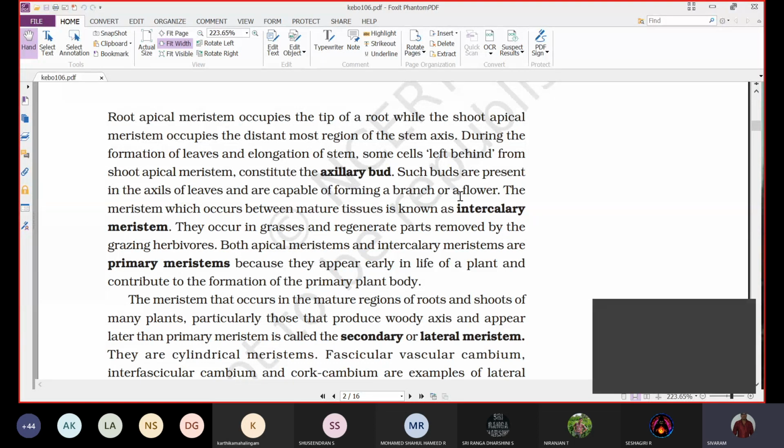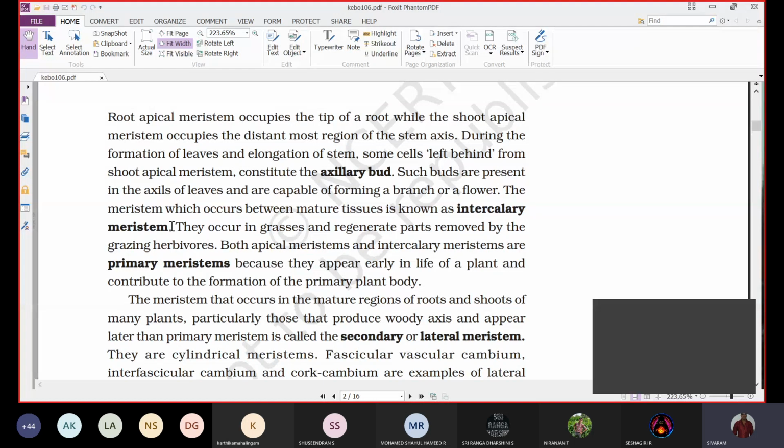The meristem which occurs in between the mature tissues we are calling intercalary meristem.